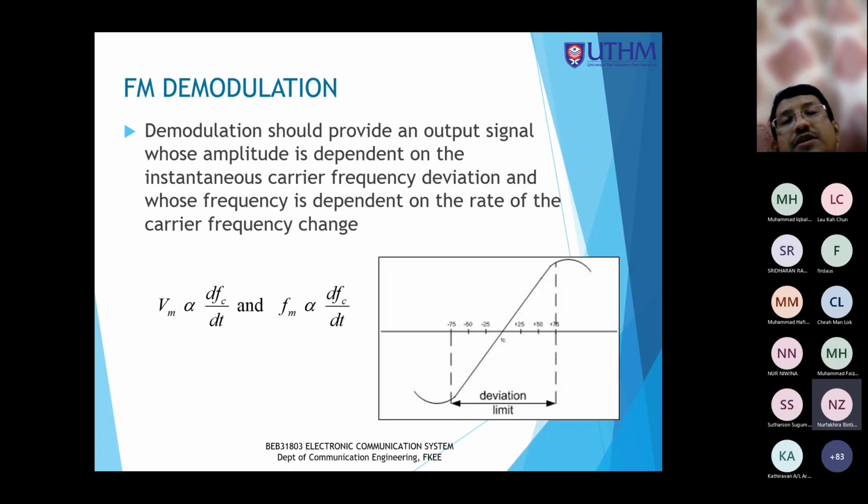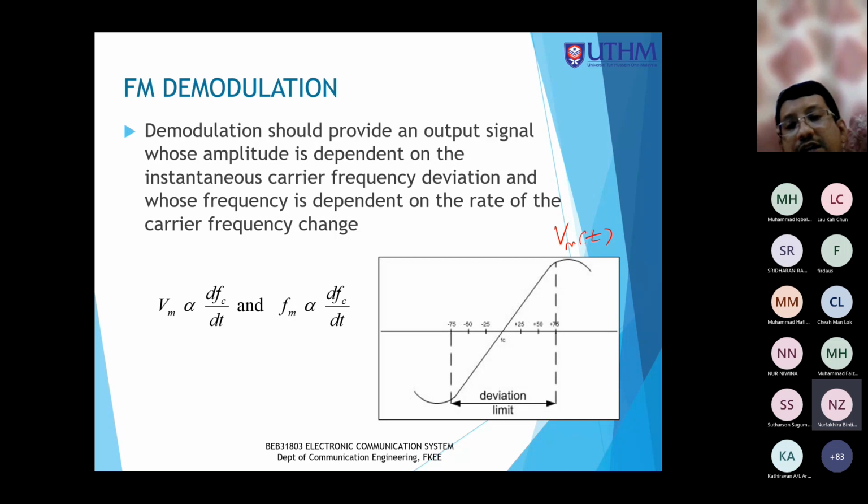Now we want to produce the original signal, which is the VMT, at the output. So the frequency variation at the input must be converted into amplitude variation at the output. That means there is going to be a process of changing frequency variation into amplitude variation at the output.